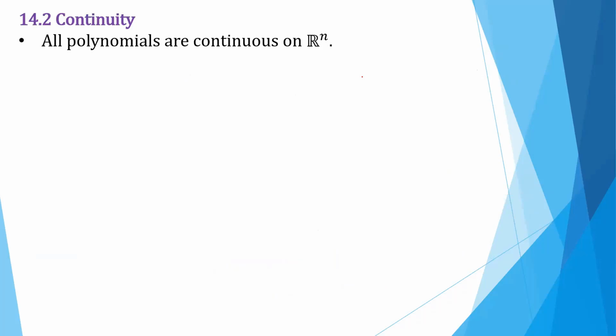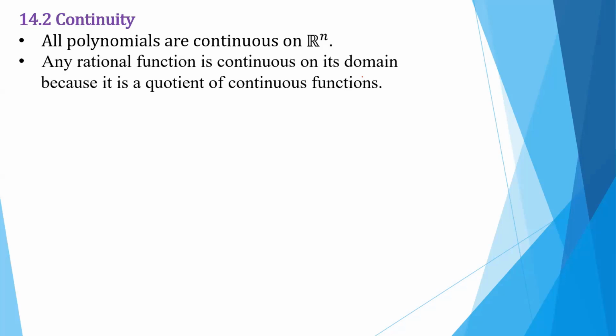In particular, the sum, the difference and the product of continuous functions are continuous, and the division of continuous functions is continuous except at points where the denominator is zero. As a consequence, for the classical functions we are dealing with, for example polynomials, we have no problems. Polynomials are continuous on R^n, where n is the number of variables. So if you have two variables, your polynomial will be continuous on R^2, three variables on R^3, and so on.